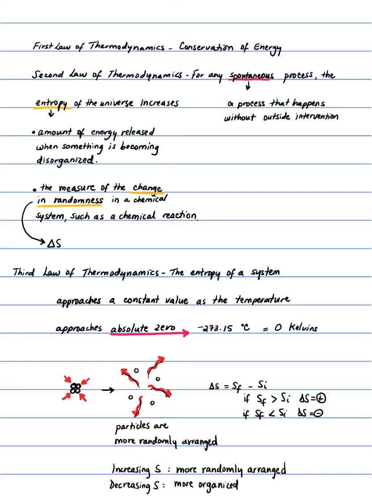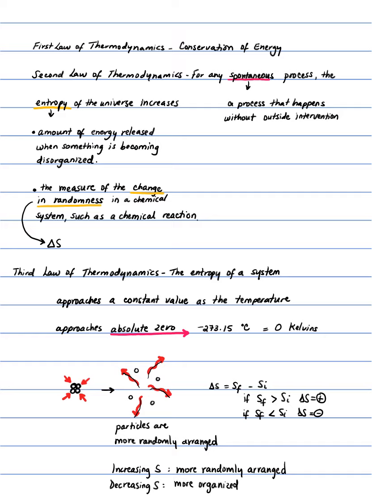Whenever the entropy of the final state is higher than the initial state, your change in entropy is going to be a positive value. So when things are becoming disorganized, that change in entropy will always be positive.